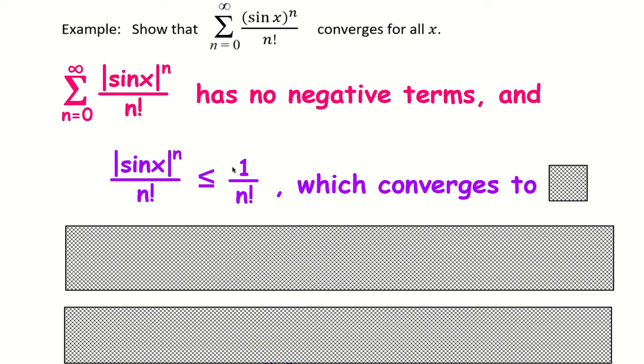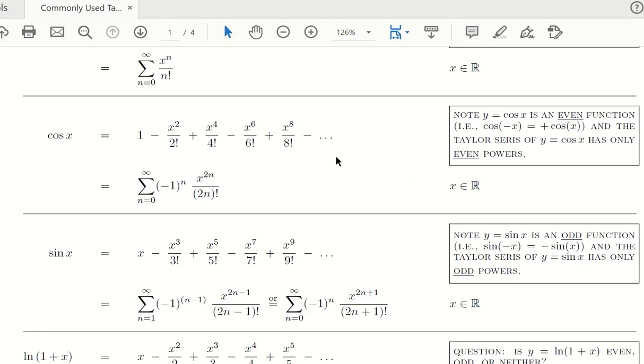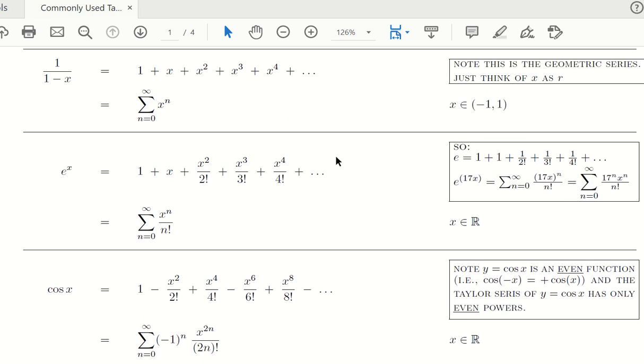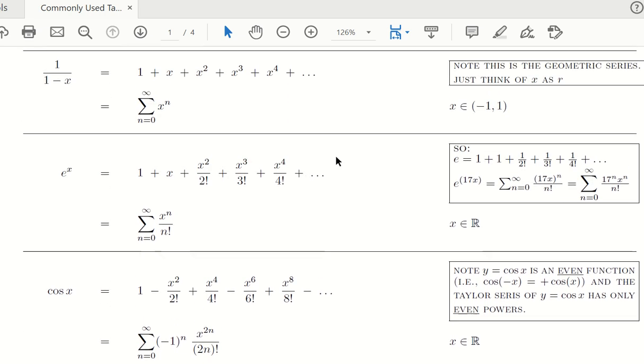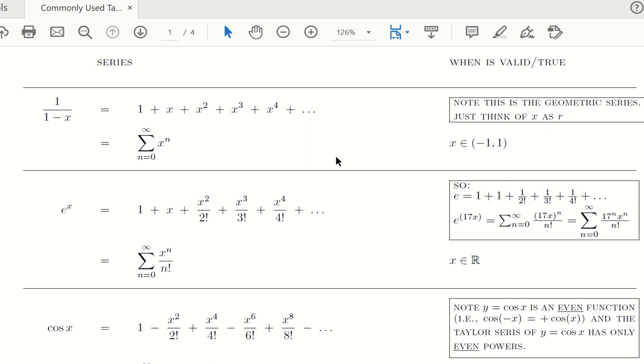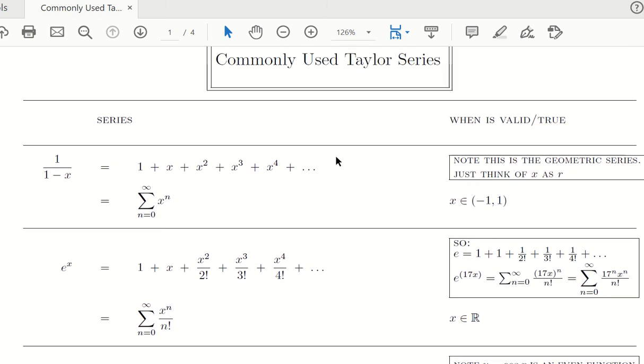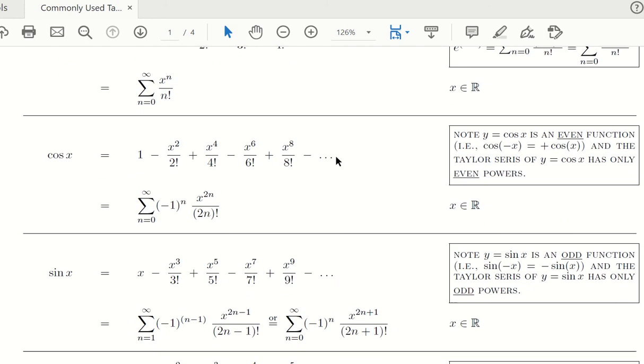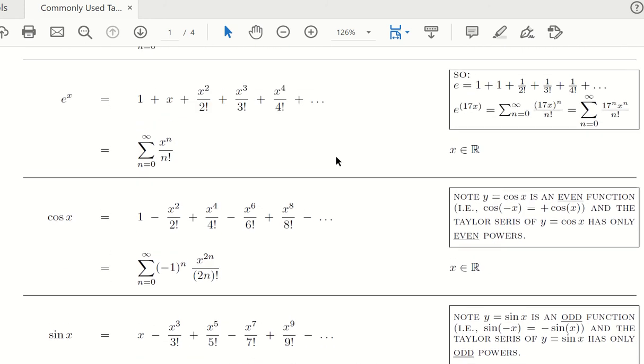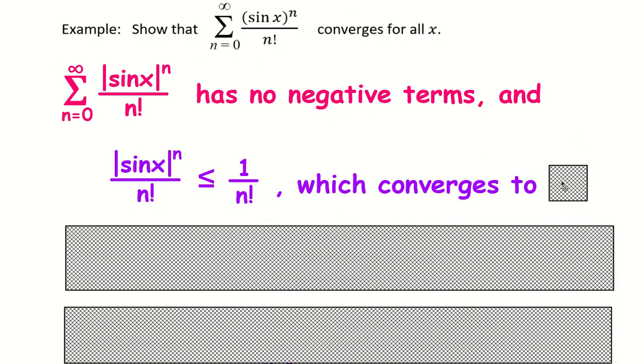Now, what do you think this converges to? 1 over n factorial, and I'll even give you a hint. What do you think this is going to converge to? 3, 2, 1. E to the first power.